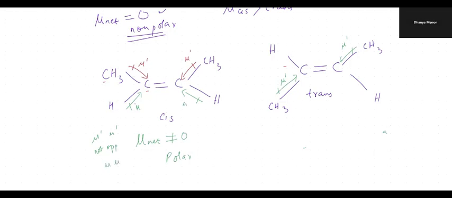But in case of trans form, mu and mu dash are cancelling each other. Similarly, for hydrogen, this is mu, this is mu. They are also cancelling each other. So the net dipole moment is equal to 0. Therefore, it is non-polar.